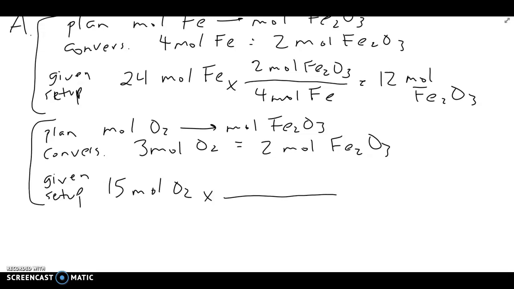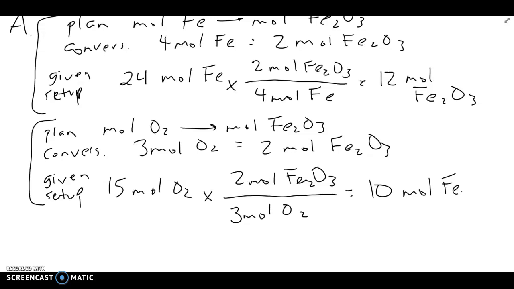We're going to put 3 moles of O2 on the bottom and 2 moles of Fe2O3 on the top, and that gives us 10 moles of product Fe2O3. So if we use all of our oxygen, we're going to come up with 10 moles of product.